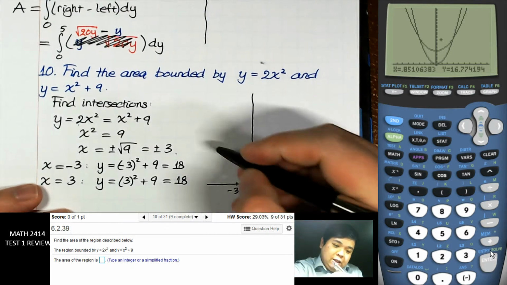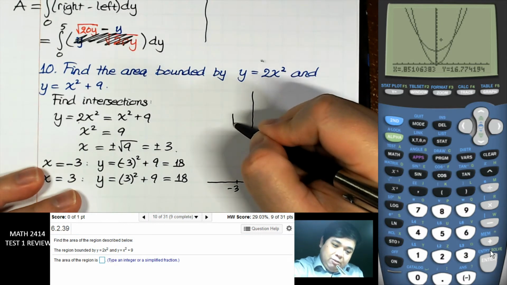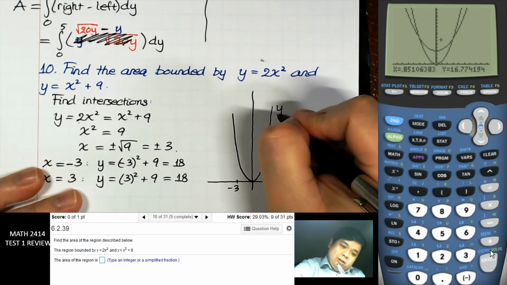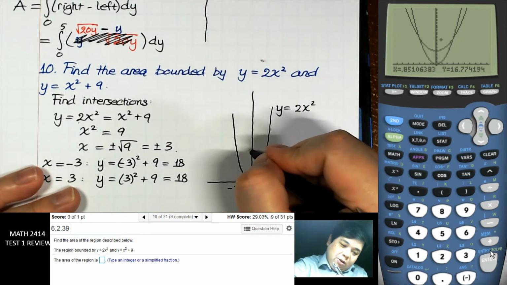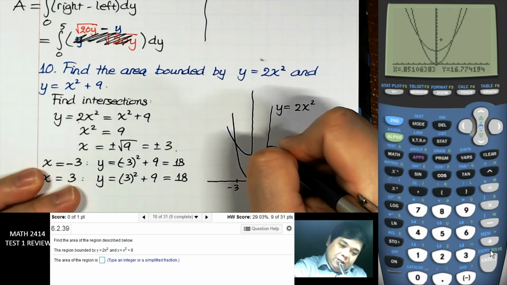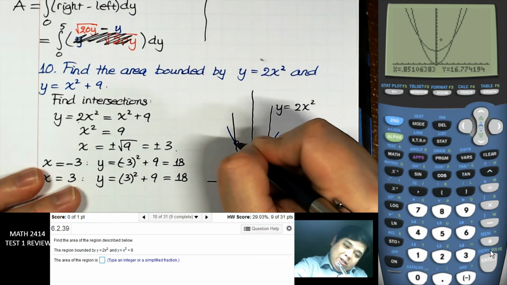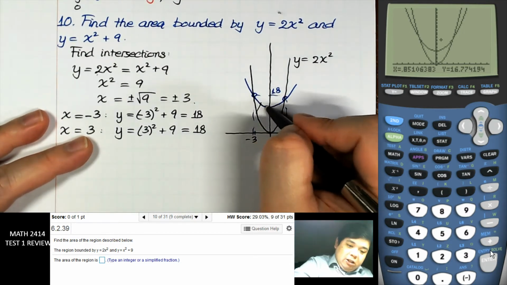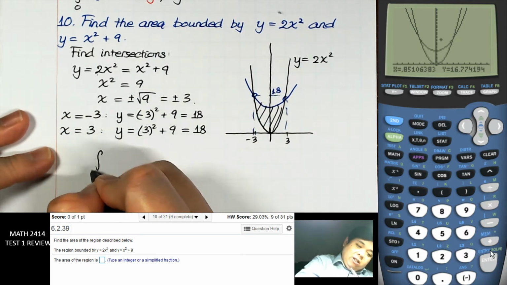Right. So it looks like there is one very skinny and the other one kind of wider. So the bottom line is the one at the bottom is 2x squared.